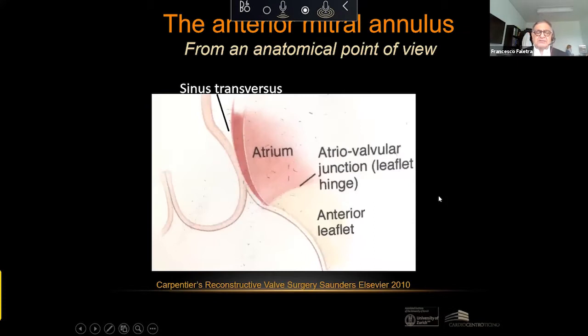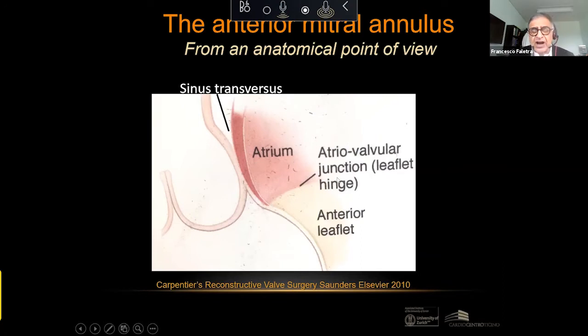If you look at these images from the book of Carpentier, from the atrial perspective, you can see the myocardium of the left atrium imperceptibly transformed into the anterior leaflet. There is no structure here which divides the left atrium from the anterior leaflet.